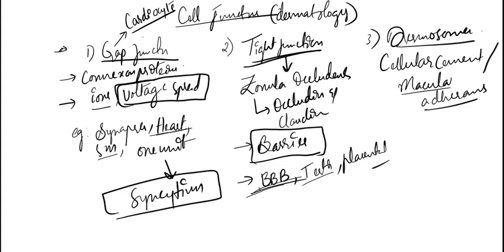Macula adherens or cellular cement. These are composed of cadherin protein as well as one more protein. What is that? Desmoglein protein.